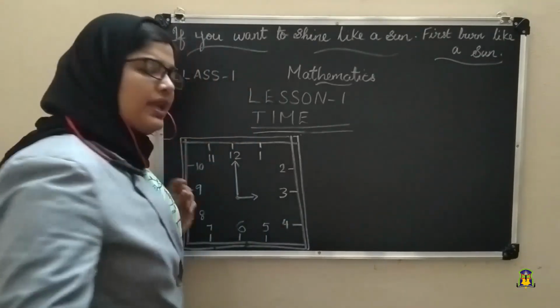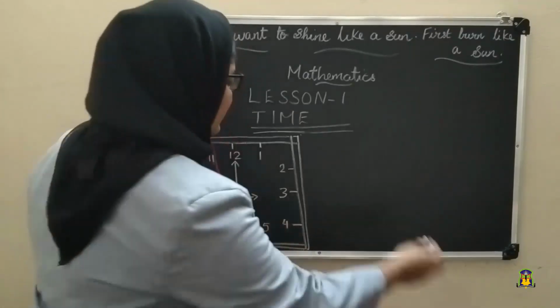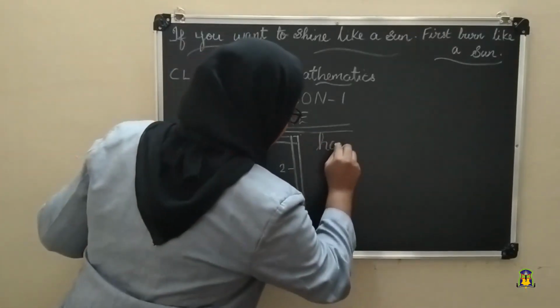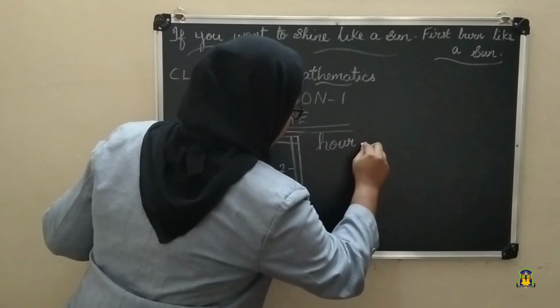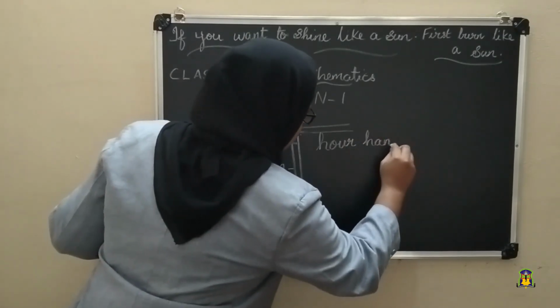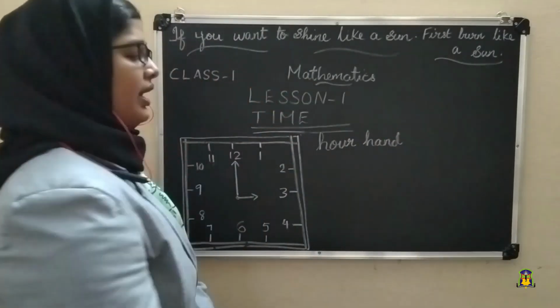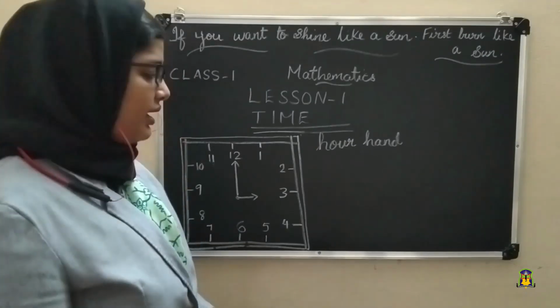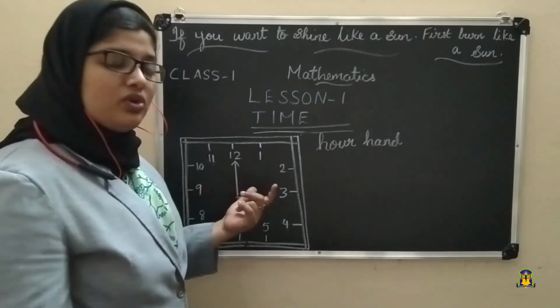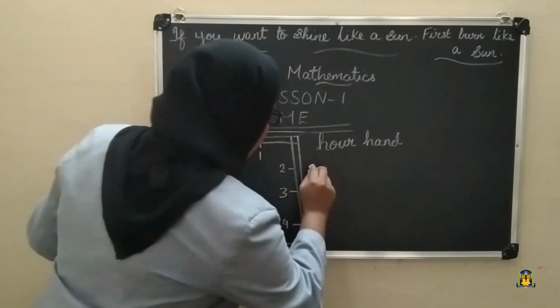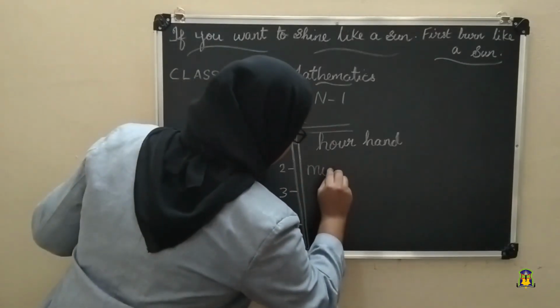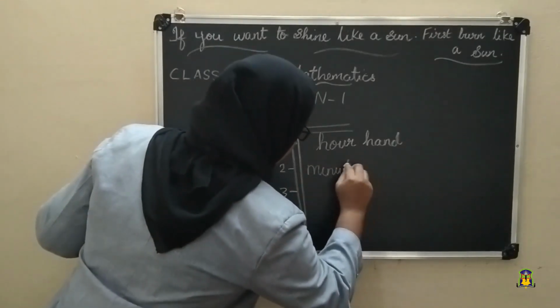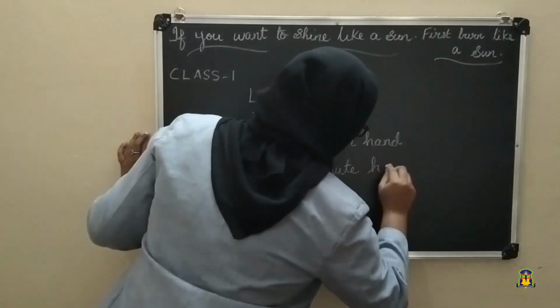What is the spelling of hour hand? H-O-U-R, hour hand, H-A-N-D. Then the long hand is also called the minute hand, M-I-N-U-T-E, minute hand.